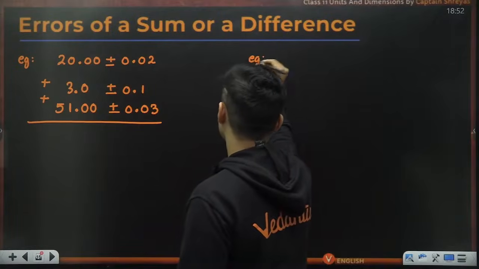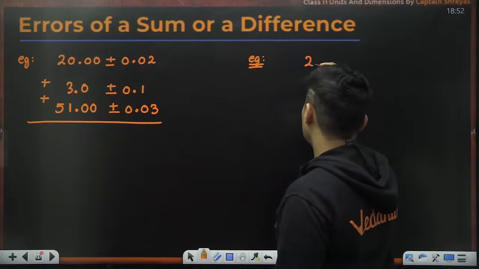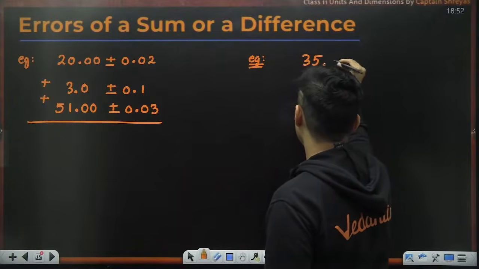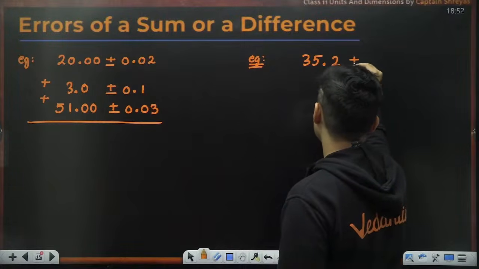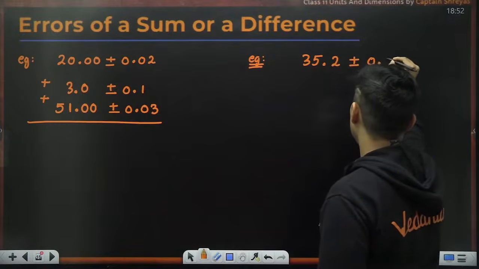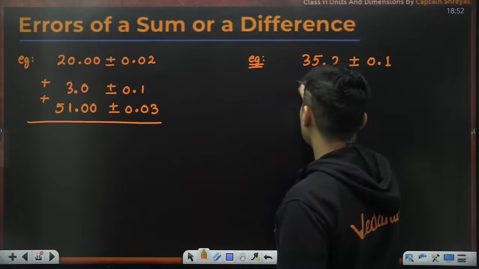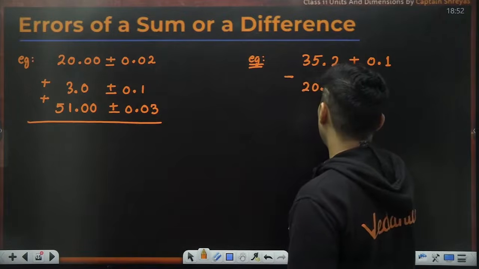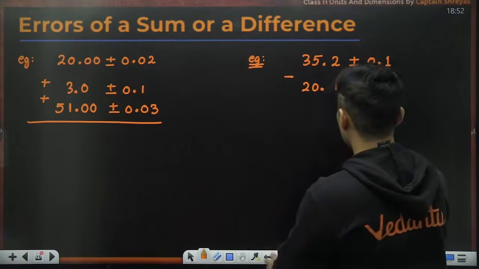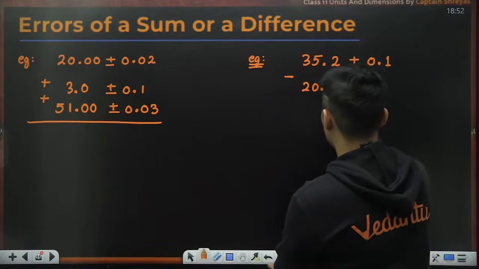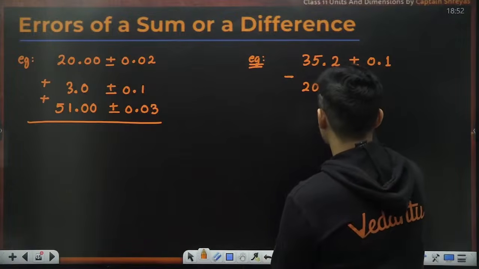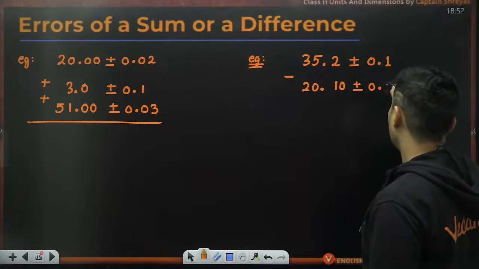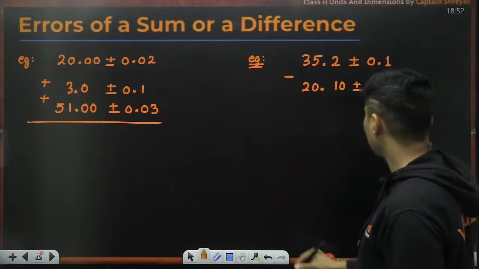Next, 35.2 plus minus 0.1, minus 10.0 plus minus 0.20.